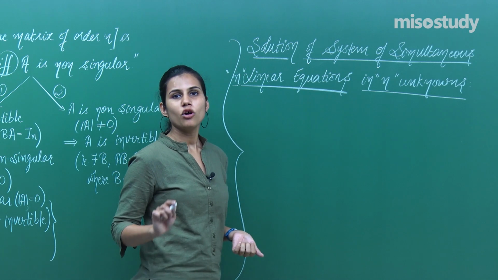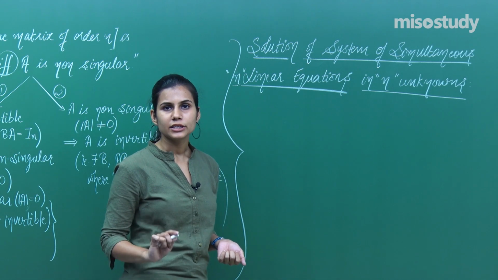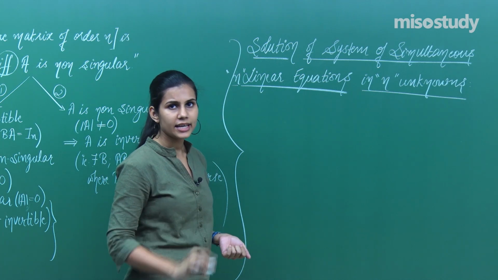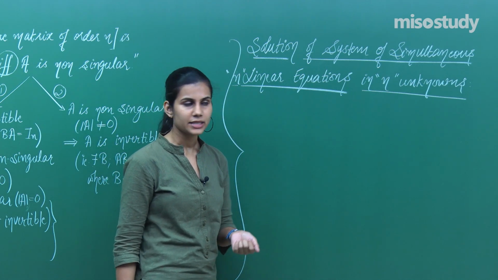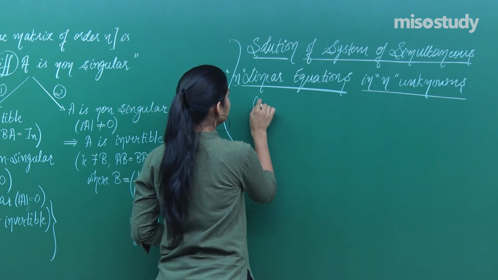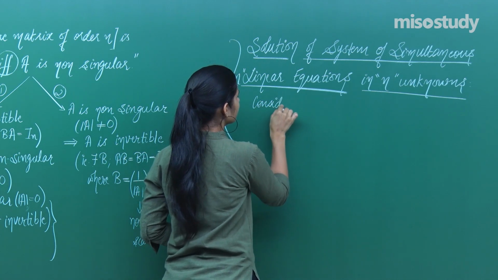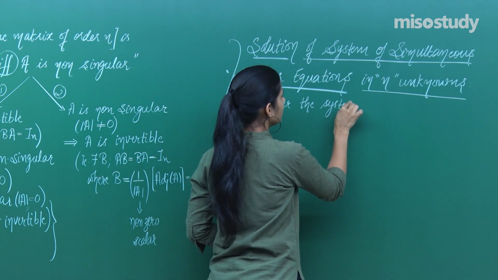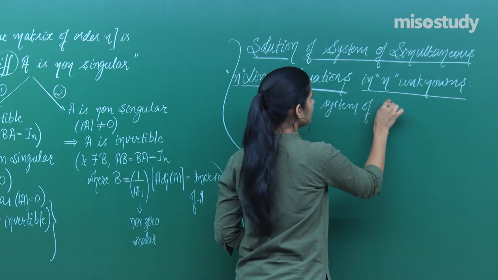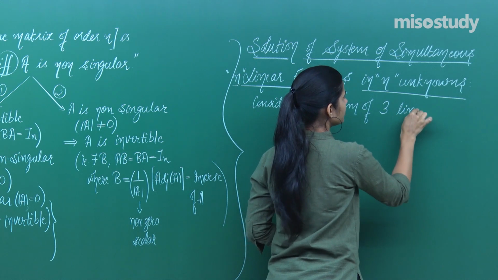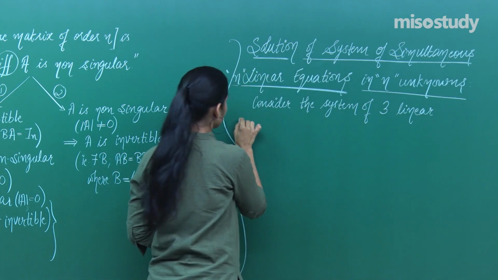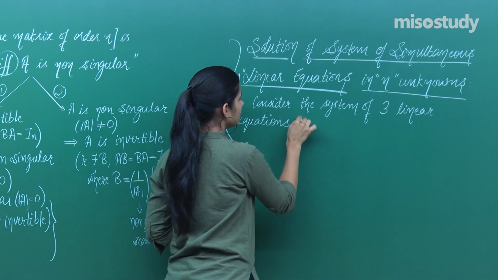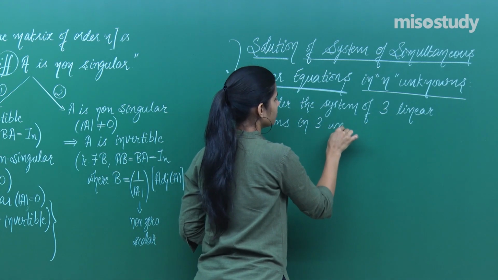How does a system of simultaneous linear equations, which are n in number in n unknowns, look like? Let us take n equals 3 and understand it through this dummy example. Consider the system of three linear equations in three unknowns.